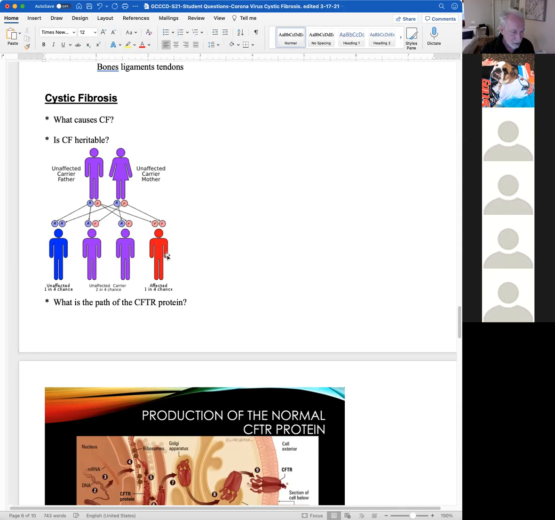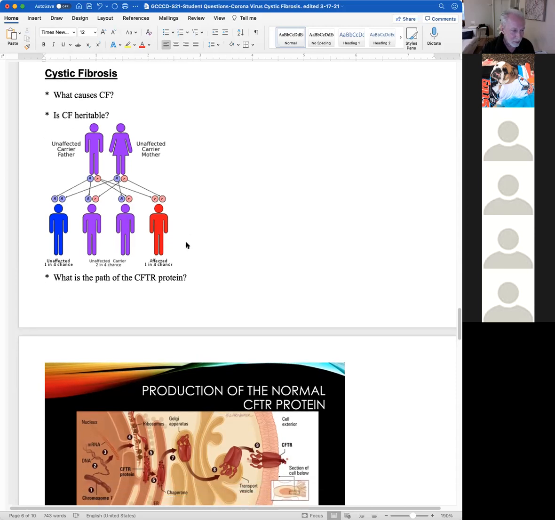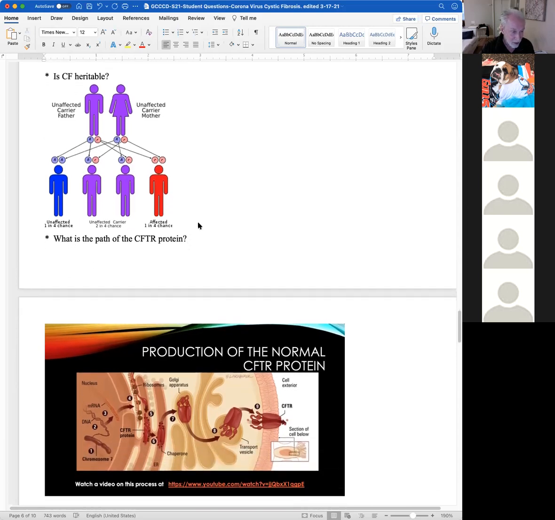So it doesn't matter. And we'll get to fertility issues in a little bit in cystic fibrosis, but the fact that males who have cystic fibrosis are infertile means that they're not going to pass their recessive genes on.